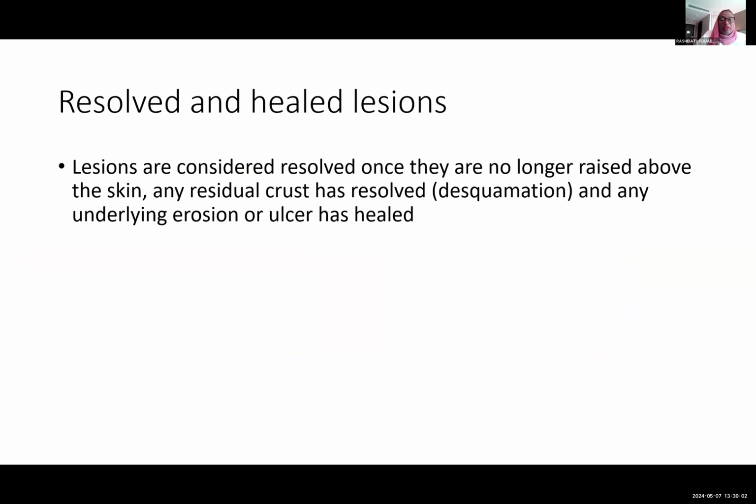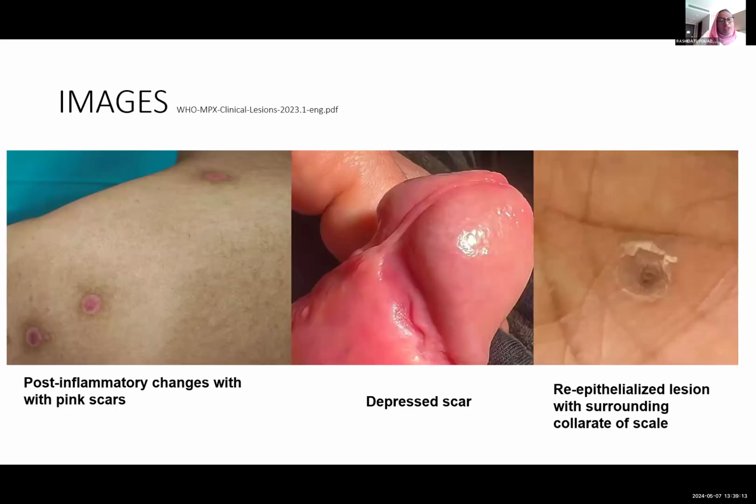You see that the epidermis has started to form or has been formed completely, and any underlying erosion or ulcer has been completely healed. After the inflammation, you see pink scars, and then you'd see that depressed scar on the head of the penis, and then you'd see on the arm, on my right, the re-epithelialized lesion with surrounding collarette of scale right there.